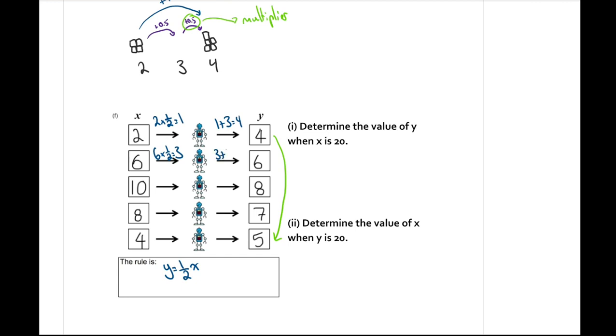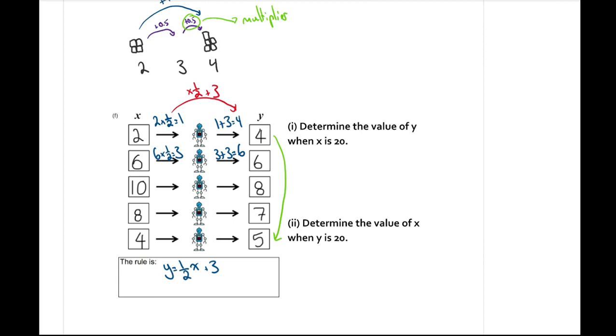The only option is 3. So it seems like our constant is going to be 3. My mistake, 3. So that means our rule from input to output, from x to y, is multiply by 1/2, then add 3.